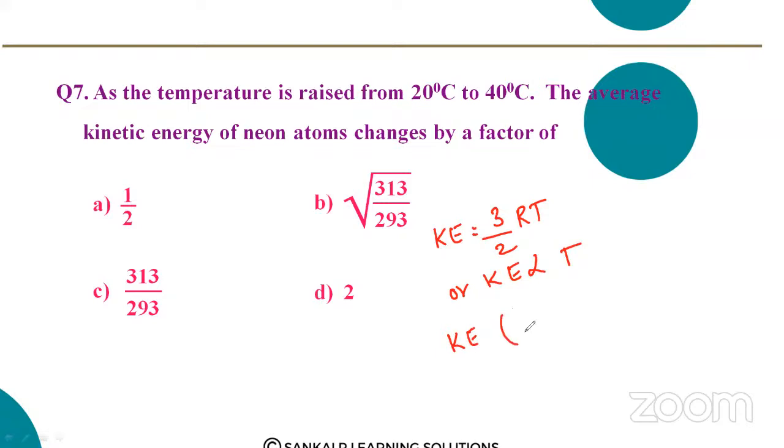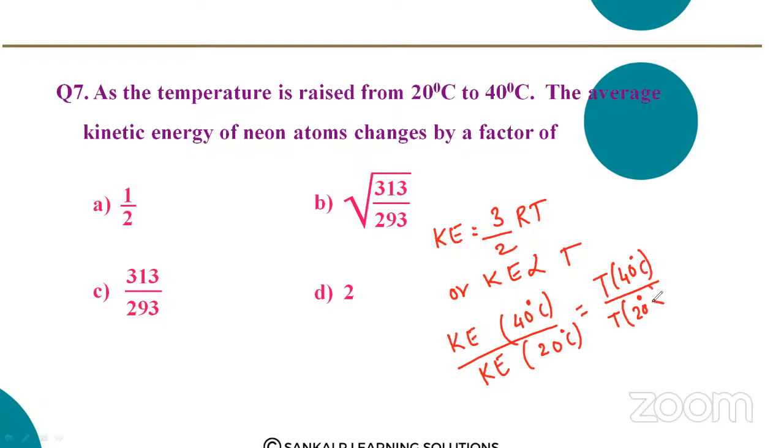So kinetic energy at 40 degrees Celsius divided by kinetic energy at 20 degrees Celsius is equal to temperature 40 degrees divided by temperature 20 degrees Celsius. So what you do is 40 plus 273 and 20 plus 273.